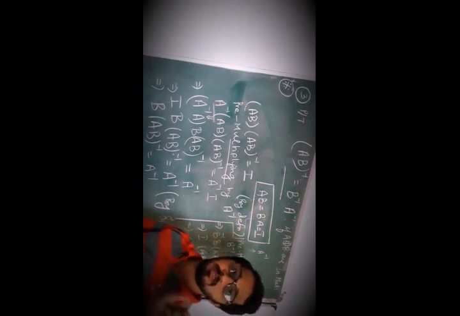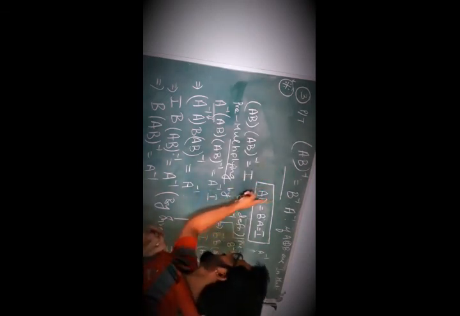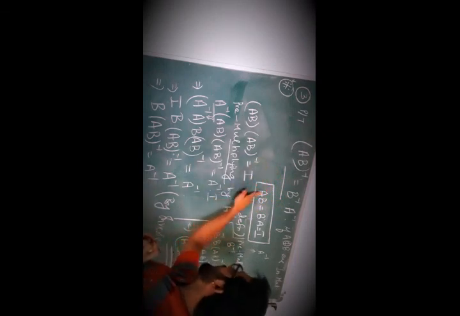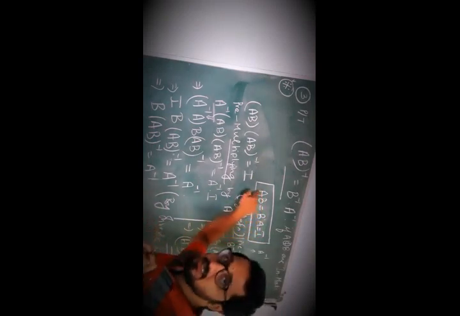We have studied the inverse of a matrix, that means the definition of an inverse matrix, an invertible matrix. That means if A is of order M and B is of order M such that AB is equal to BA is equal to I, that means B is known as the inverse of A, denoted by A inverse.